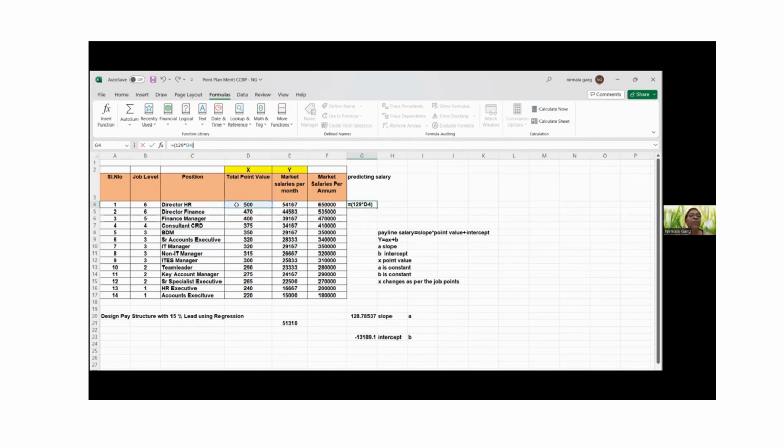Then close the bracket. Then minus 13190. Now can you drag it?